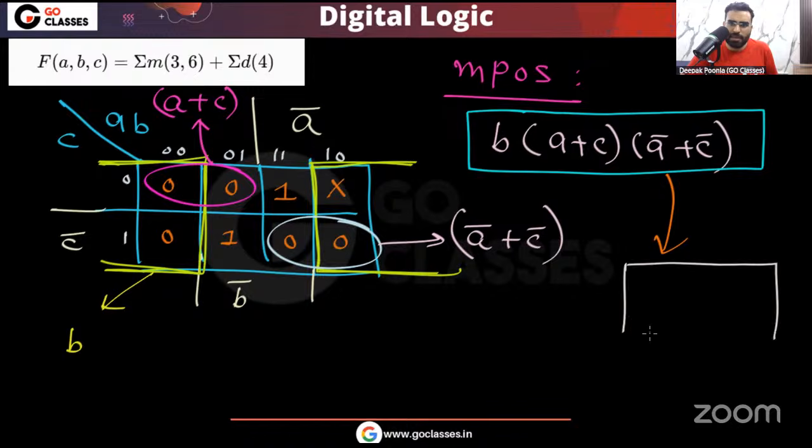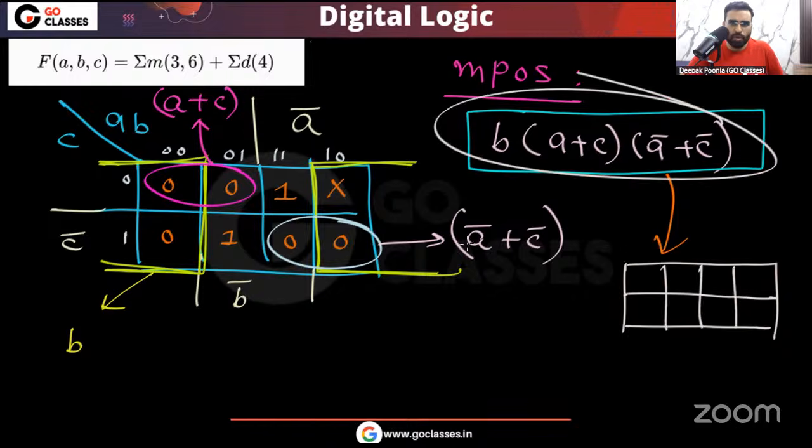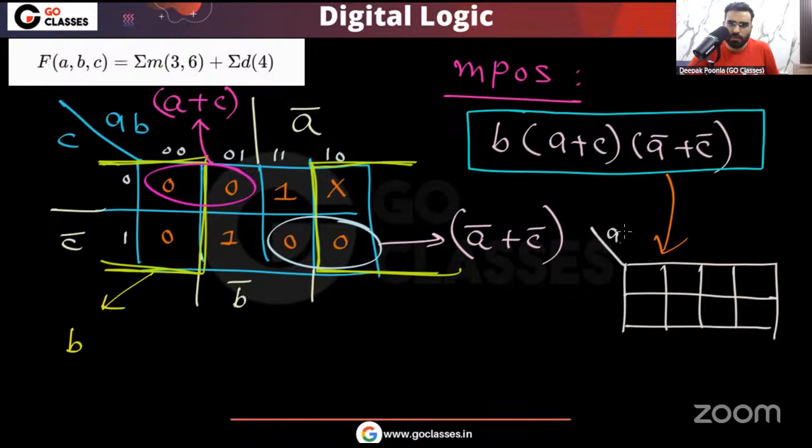Basically, if you make the K-map for this minimal product of sums expression that you got, A, B, C, then the K-map that you will get will be like this: 0, 0, 0, 1, 1, 0. Everything will be as it is. This don't care, we are considering as 0. Correct? Okay, so let me write that we are treating it as 0.